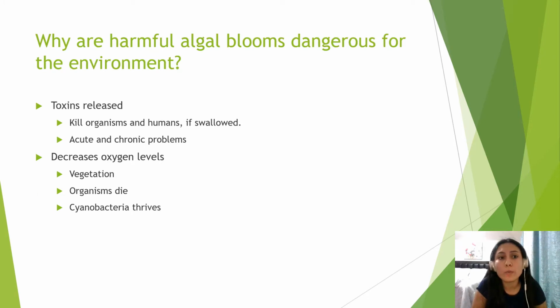So we'll begin with why harmful algal blooms are dangerous for the environment. They're dangerous for the environment because they release toxins. In this study in particular, they measure the amount of microcystins, which is a type of toxin. These toxins can kill organisms and humans.